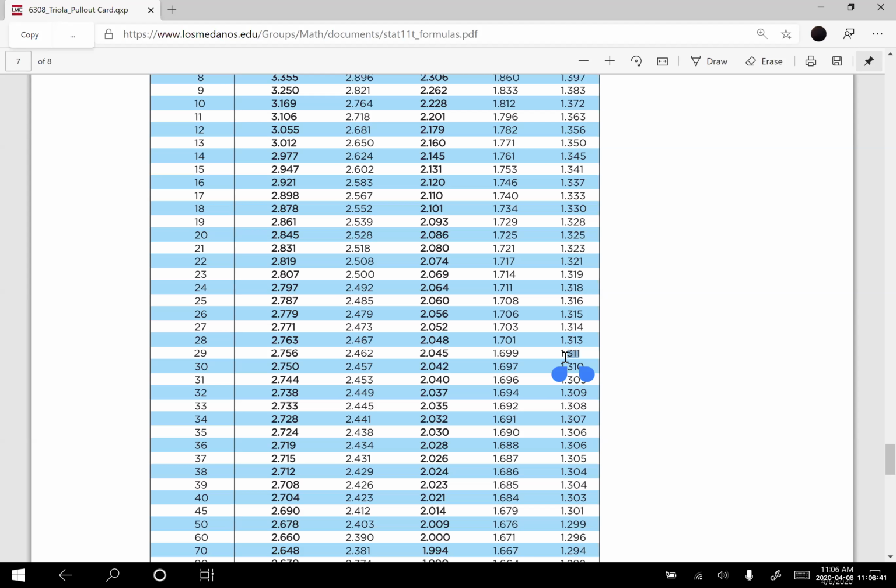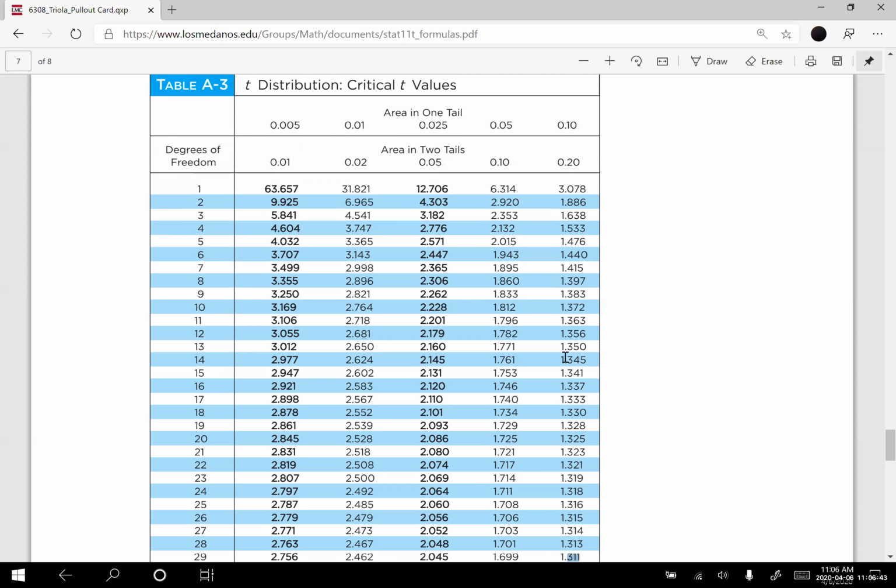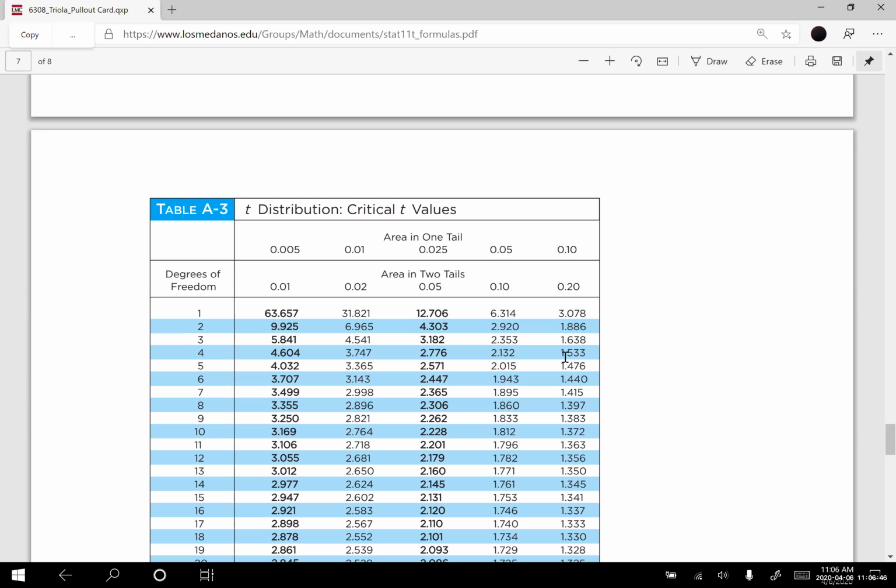What a coincidence. So then we're going to scroll up and see what is the alpha, what is the confidence level. Well, they said there's area in two tails for that category of 20%. Well, if alpha is 20%, then what's the confidence level? It's the leftovers, it's 80%.